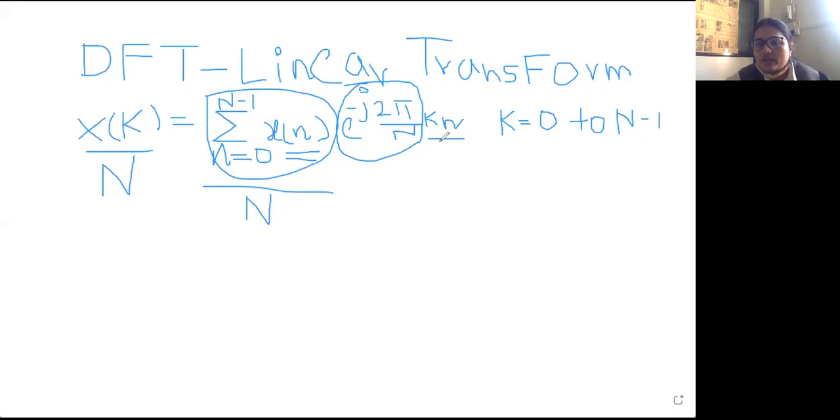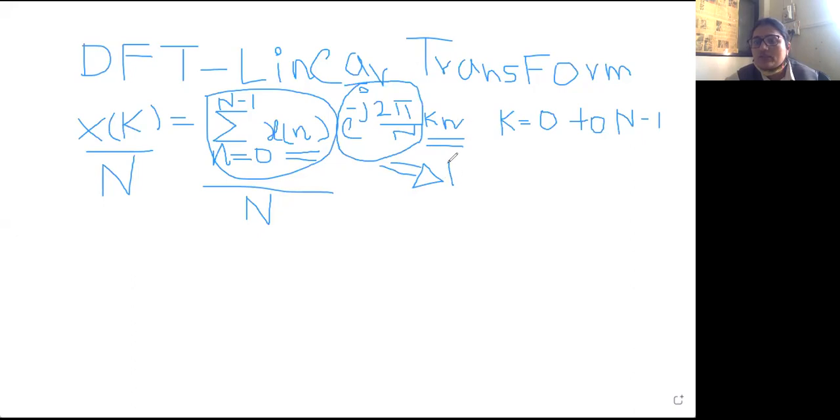Now here two variables are present, k and n. So how many computations of this exponential part do we perform? There are two variables, k and n.